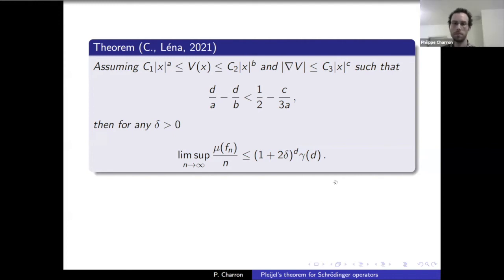And there are results about the spectral theory for this model, and there is a partition of unity behind some of the proofs. So it's a natural question in this case. You don't have the Weyl formula, but do we have a Pleijel statement for this model?